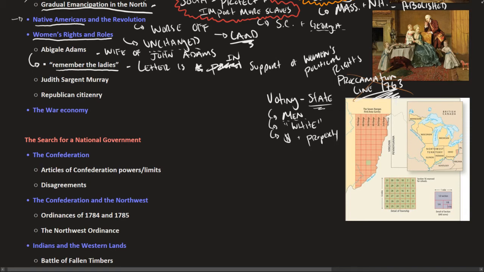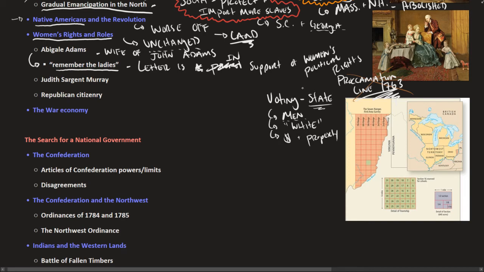We'll talk more about voting laws in particular, but it was very restrictive, at least in a modern sense. And part of that, we'll talk about why, was because voting was seen much less like a right and maybe even a privilege, and more like a duty, a responsibility.